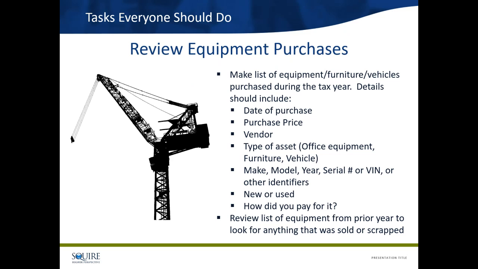Do you have a piece of equipment that died and it couldn't be scrapped, so it was just tossed? Or do you have a car that you sold to get the new one? Or whatever the case might be, we want to make sure that what we have matches.